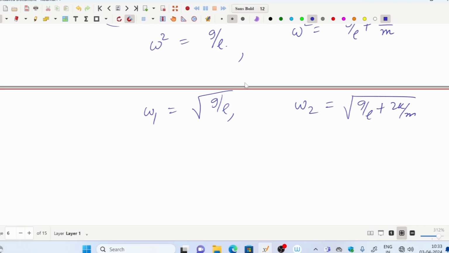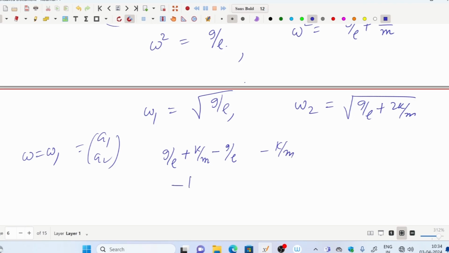So, let us find the eigenvectors also. For example, when omega equals omega 1, these eigenvectors are denoted by a1 and a2. So, immediately I can write g by l plus k by m minus g by l, this is omega 1 square, and minus k by m, minus k by m, and g by l plus k by m minus g by l.